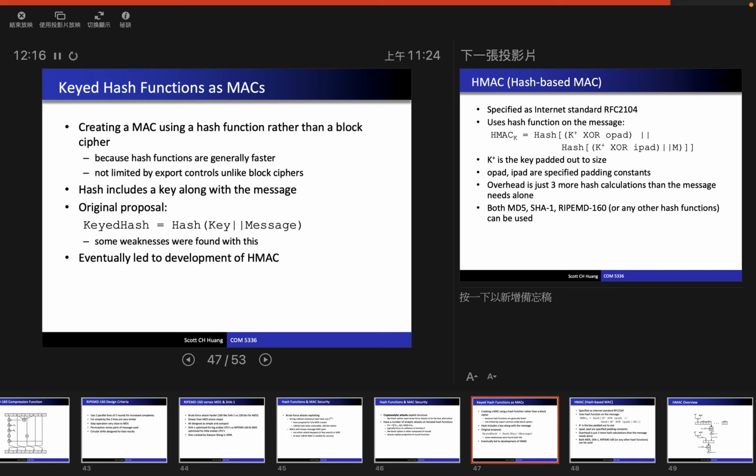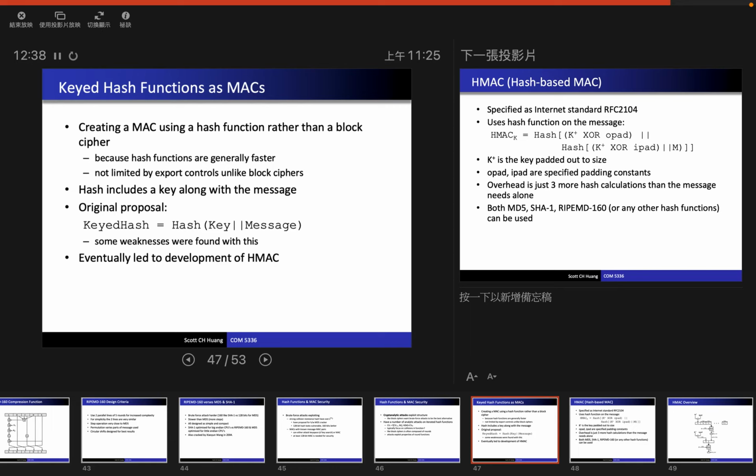The most naive way is this: you simply put the key here and then concatenate it with the message. Obviously, this is not that good. There's some weakness, because the key and the messages have different patterns.